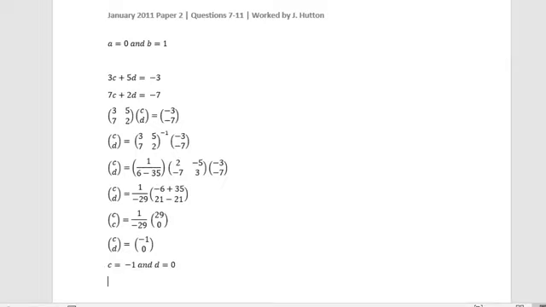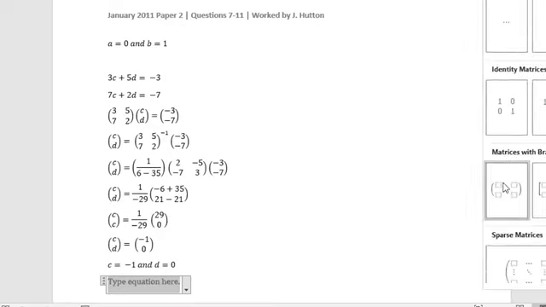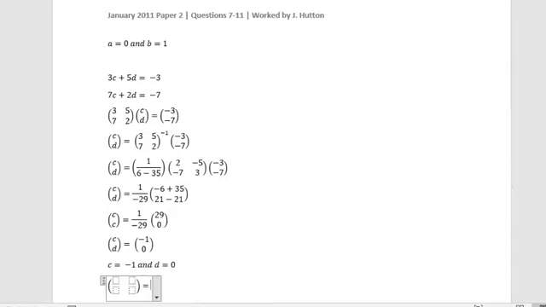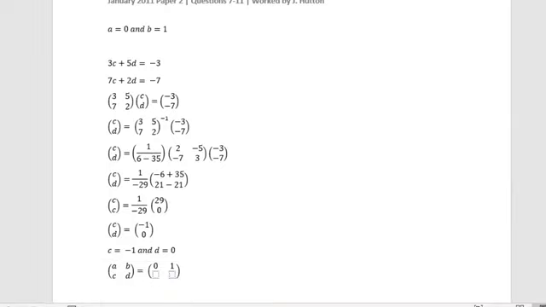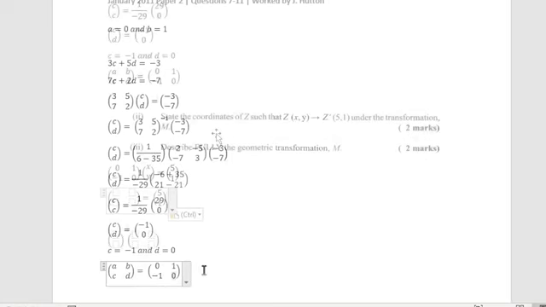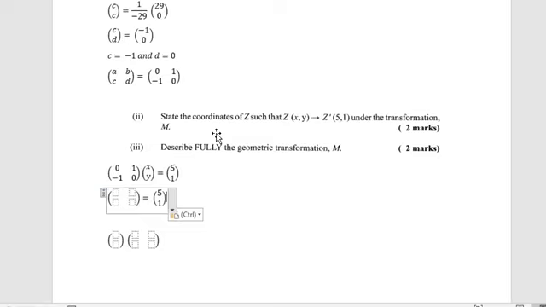So what we know now, we can substitute for what we have where they wanted us to find A, B, C, and D. And that will be A, B, C, and D is equal to 0, 1, and -1, 0, respectively.